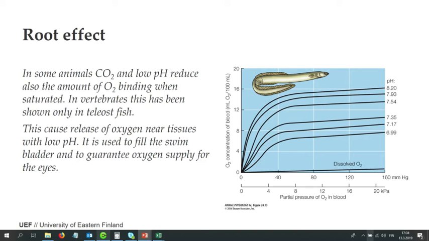So the total amount of oxygen that can be bound is affected. When the animal has low pH in certain tissues, it releases more oxygen. And that is the way these fish fill the swim bladder, and they carry the supply of oxygen for the eyes.